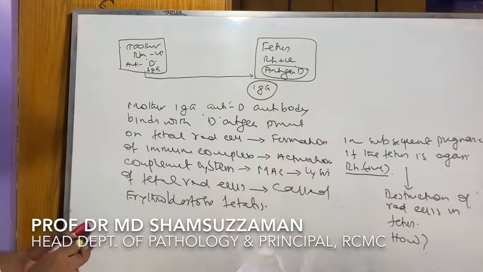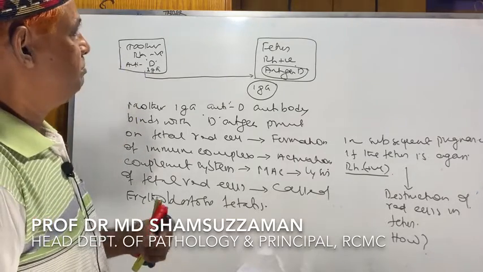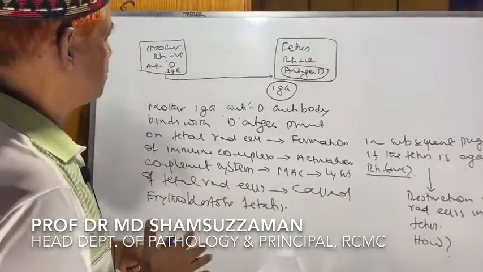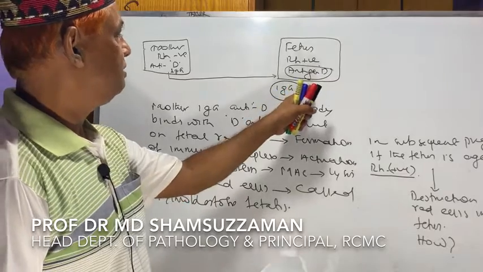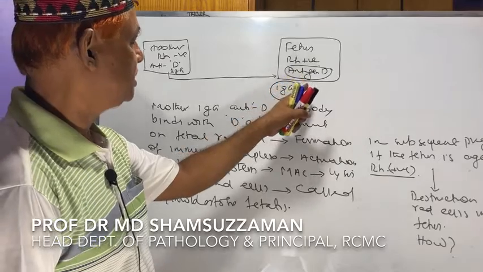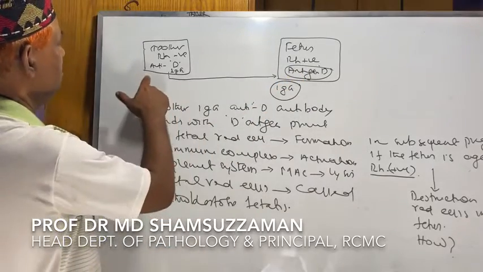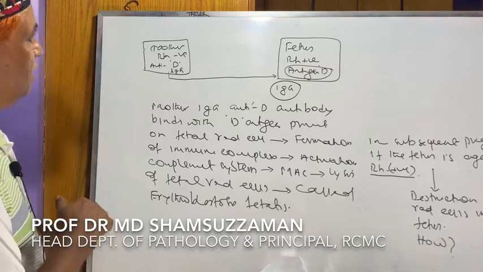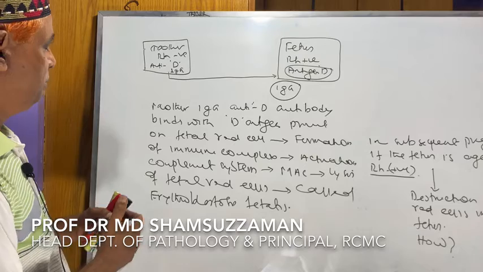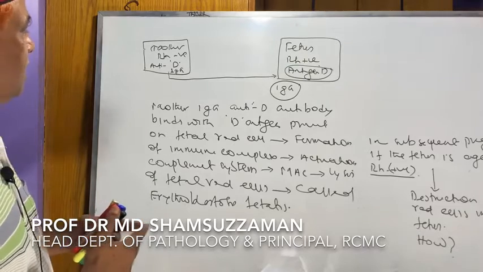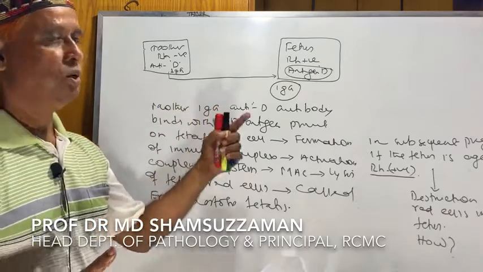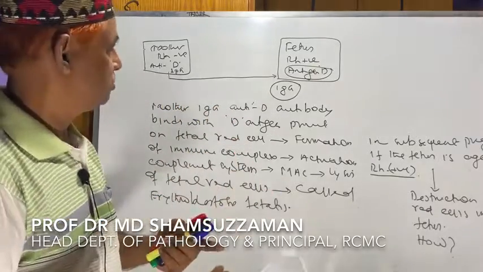Dear audience, again, if the mother is Rh negative and the baby is Rh positive, in the first pregnancy the fetal blood containing antigen D on the RBC membrane enters the mother's circulation and stimulates production of anti-D antibody. Initially, the antibody is IgM. Due to its higher molecular weight, it cannot cross the placenta to enter the fetus.